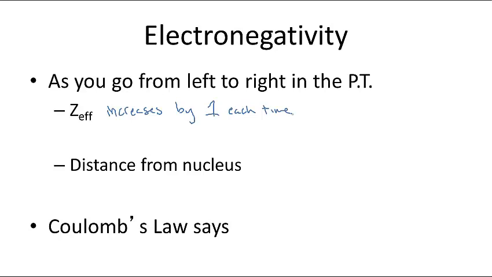They still have the same number of energy levels, the same number of core electrons, but every time I'm adding a proton, as long as I stay in the same energy level, the same period, my effective nuclear charge increases. The distance is about the same, so if the charge increases and the distance stays the same, the attraction gets stronger.